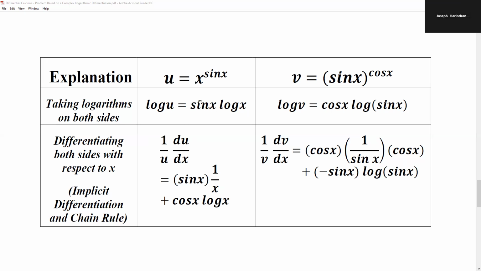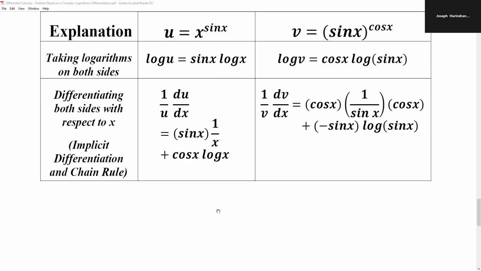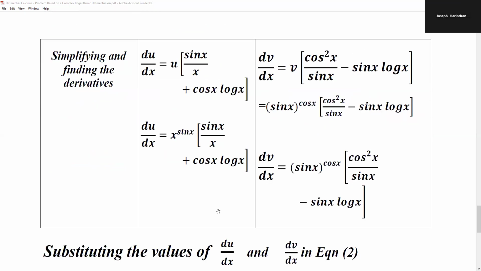Differentiating the right-hand side, we get a product of two functions of x. So, we use the product rule. Sin x into log x: if you differentiate, you get sin x into 1 by x plus cos x, since sin x differentiates to cos x, and log x you keep as it is. So a product becomes a sum of two terms. As we move on, we simplify and find the derivatives. We take du by dx to one side.